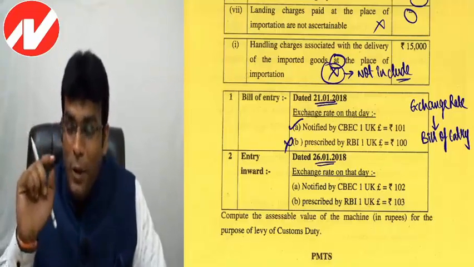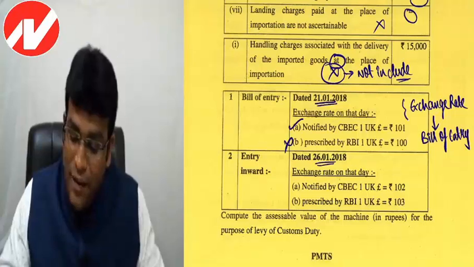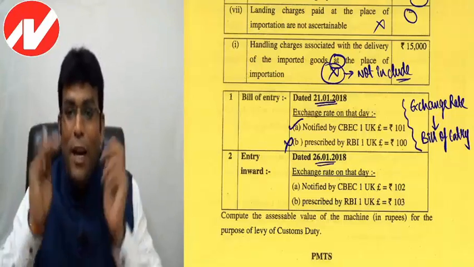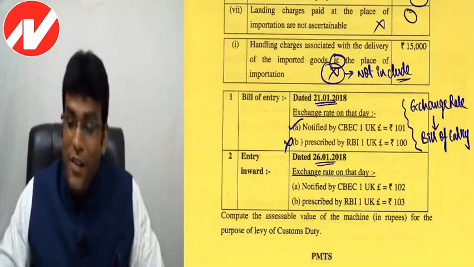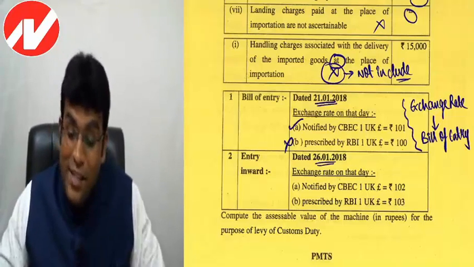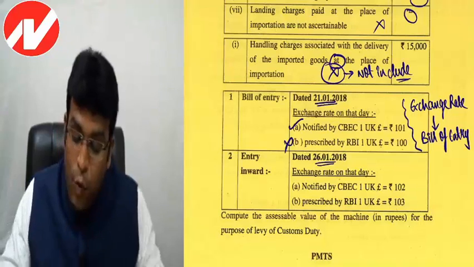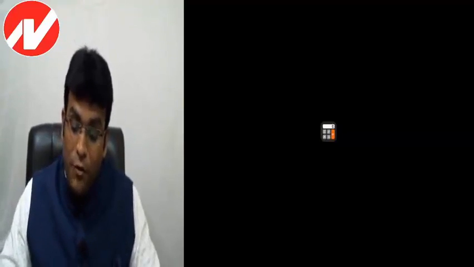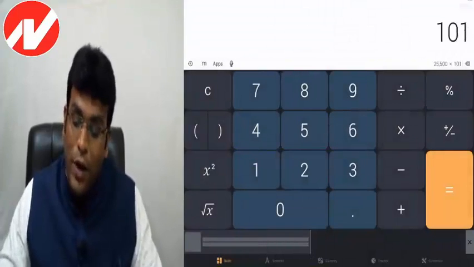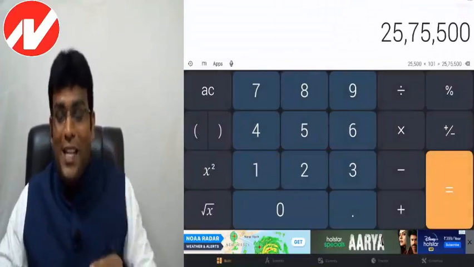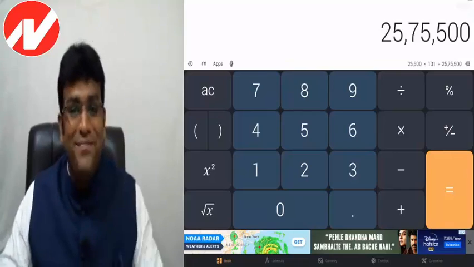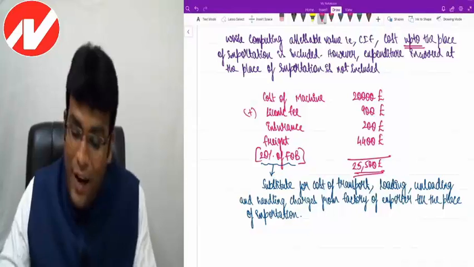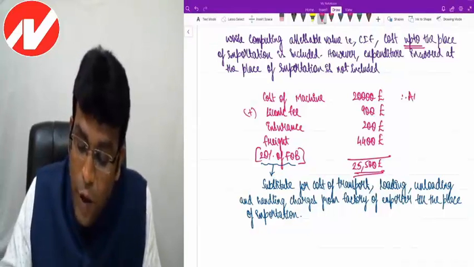But for exchange rate we always see the date of filing bill of entry, and we look at CBIC rate. What is the CBIC rate? 101. So 25,500 into 101 comes to 25,75,500.